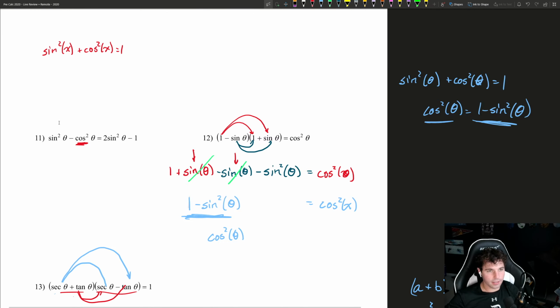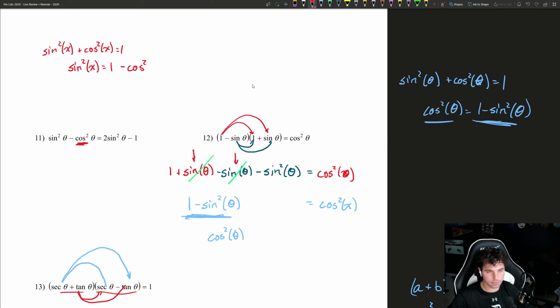And I will say, the hardest part of some of these is just picking a spot to start. That's just manipulating an identity. So if I subtract cosine squared from both sides, we get sine squared is equal to 1 minus cosine squared.